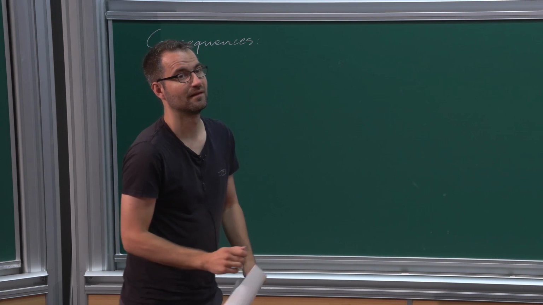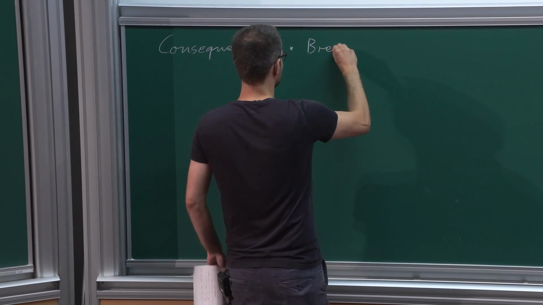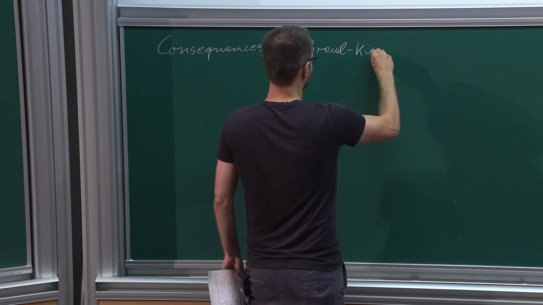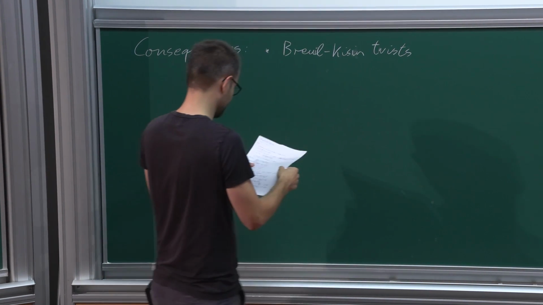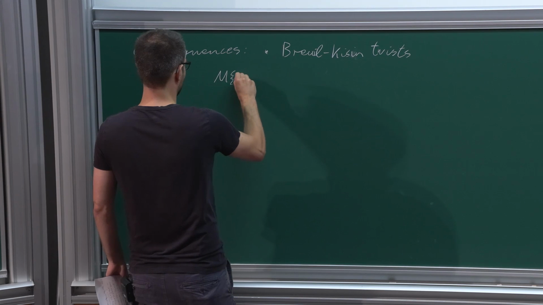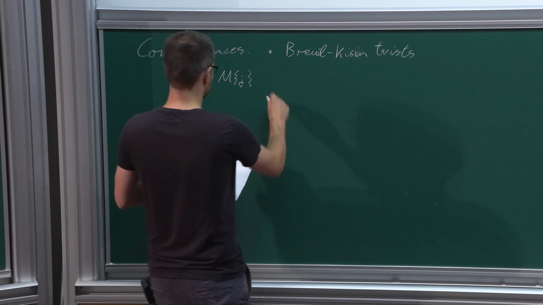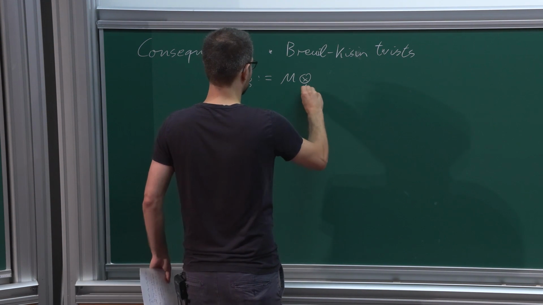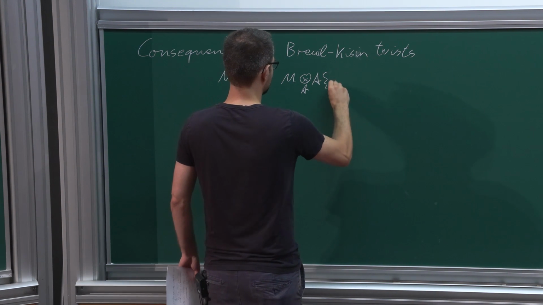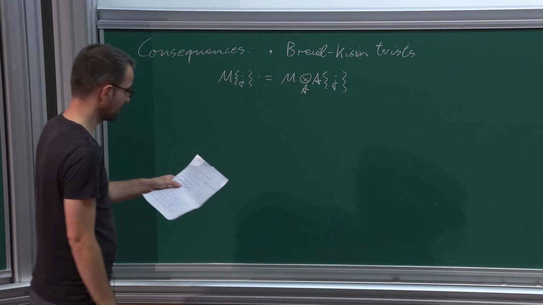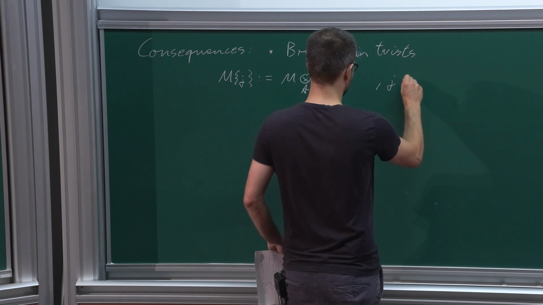Okay, it's the same, it's in I. So the first consequence is that one has these Breuil-Kisin twists, which are like the p-adic analog of Tate twists, which just means that given, say, some module over A, then we can tensor this with A{j}, where this of course means the jth tensor power of A{1}, and here j is allowed to be any integer.